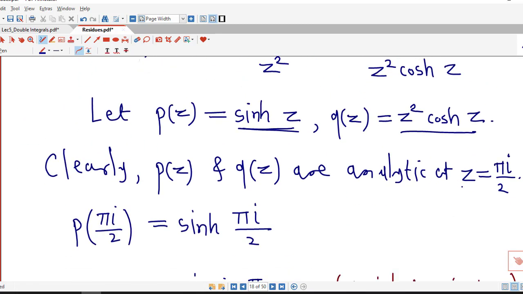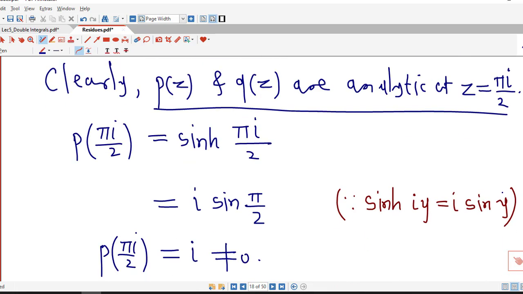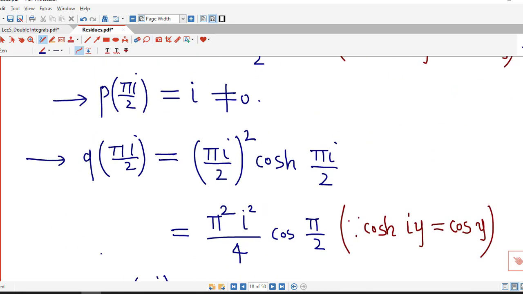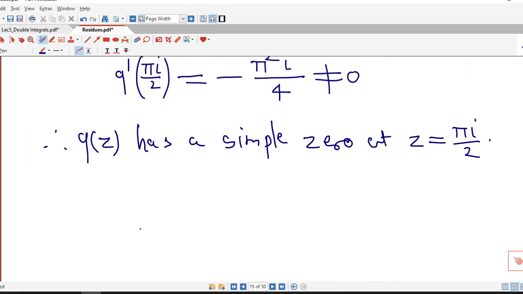p(z) and q(z) are analytic at z equal to pi i by 2. The value of function p at pi i by 2 is non-zero, and q(z) has a simple 0 at z equal to pi i by 2.